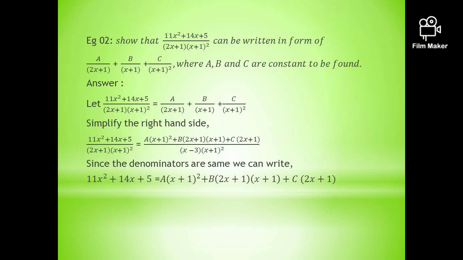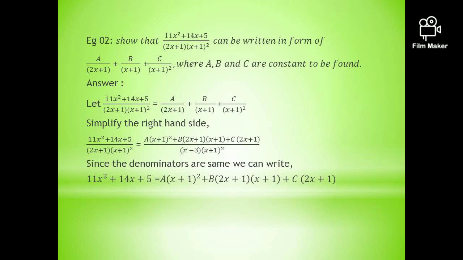Then if you simplify the right hand side, you will obtain 11x squared plus 14x plus 5 over (2x plus 1)(x plus 1) squared equals A times (x plus 1) squared plus B times (2x plus 1)(x plus 1) plus C times (2x plus 1), over (2x plus 1)(x plus 1) squared.